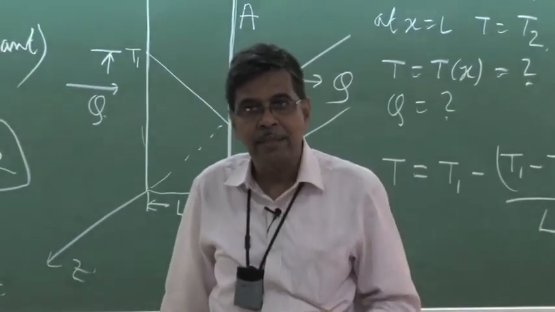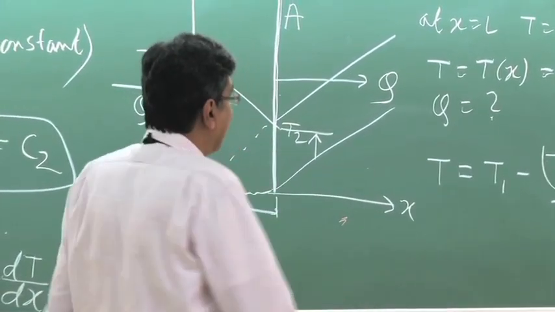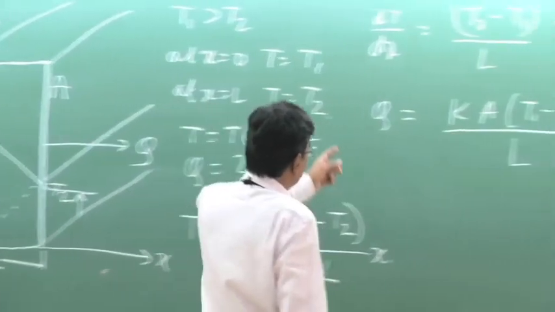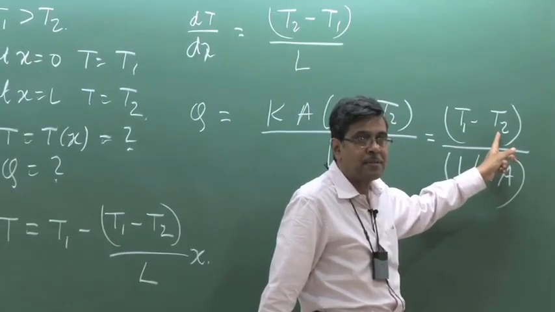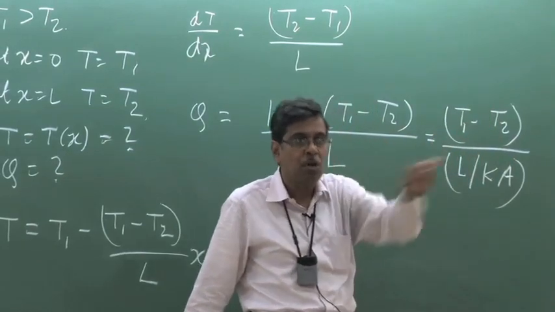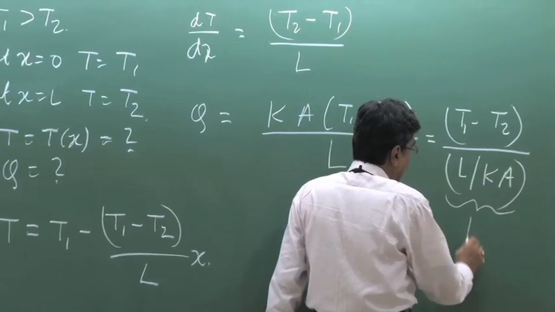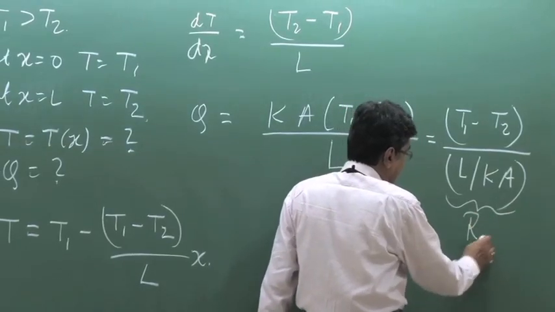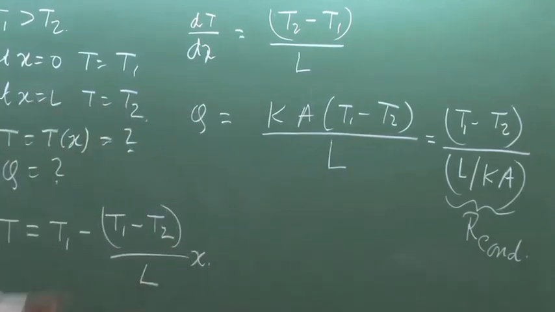That means the length and area and the thermal conductivity. And combinedly this defines a resistance, because flux is equal to the potential difference of that scalar potential which causes the flux divided by the resistance. So this can be perceived as conduction resistance, R cond, C-O-N-D, I am writing in short, R conduction.